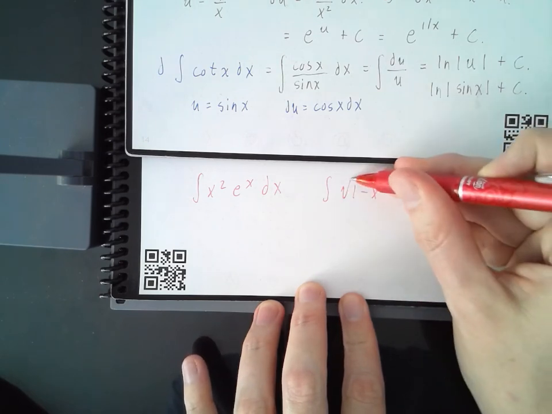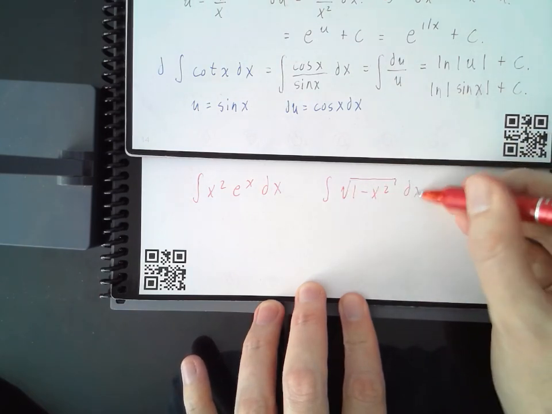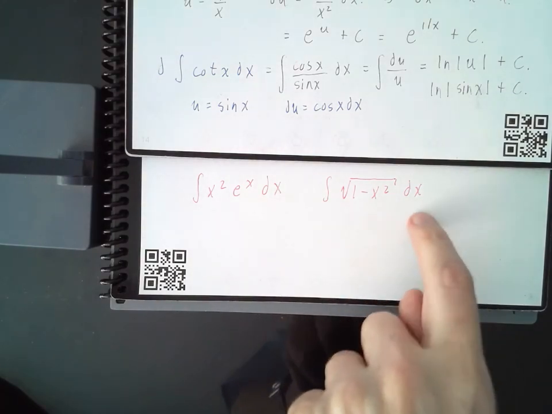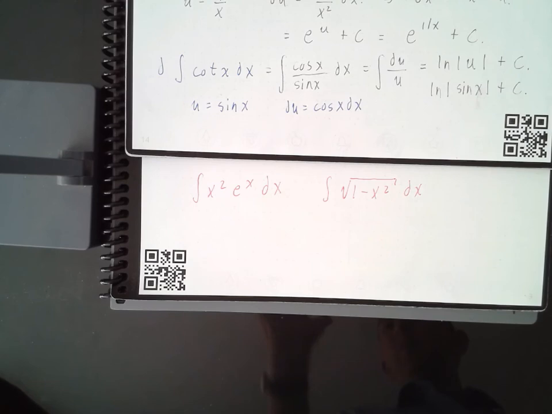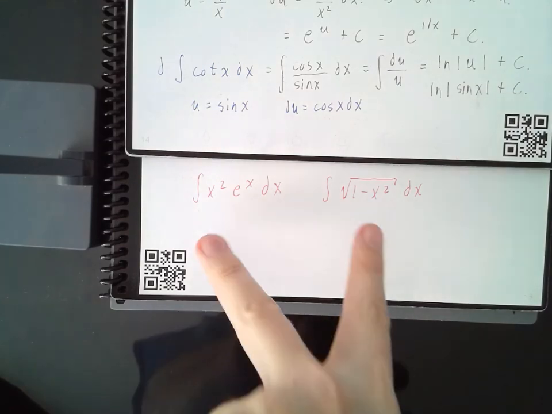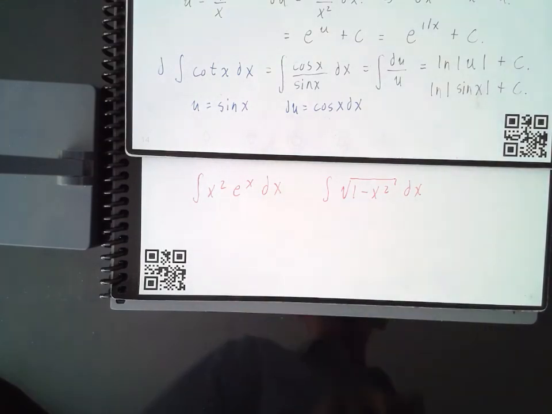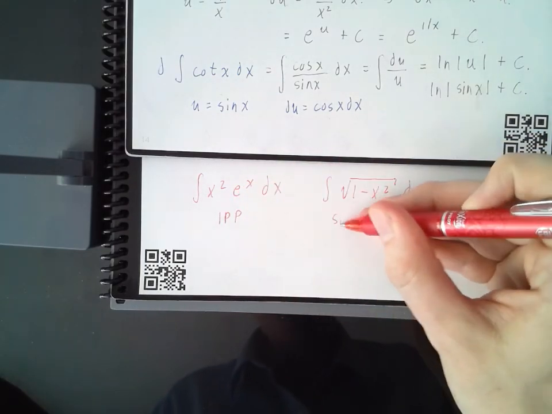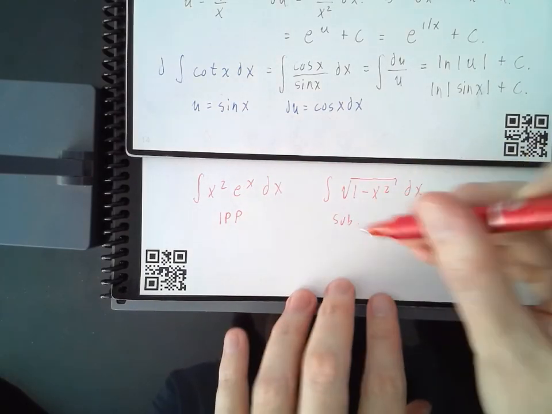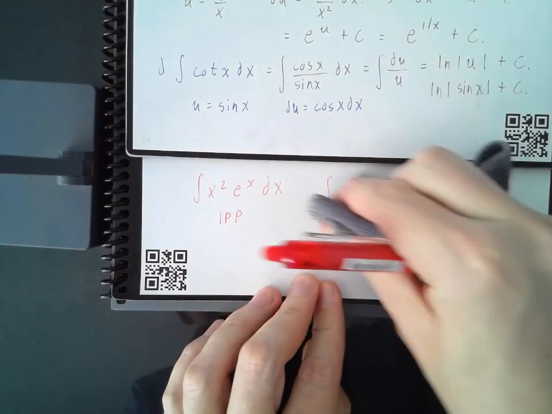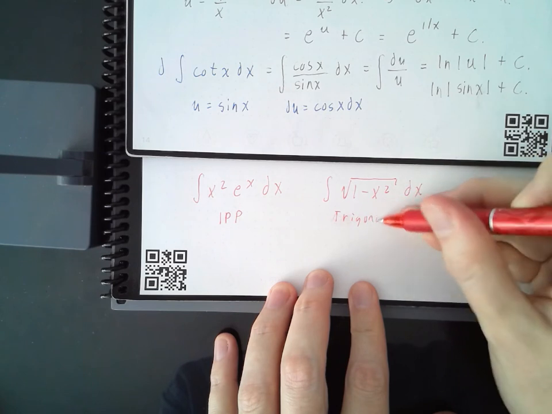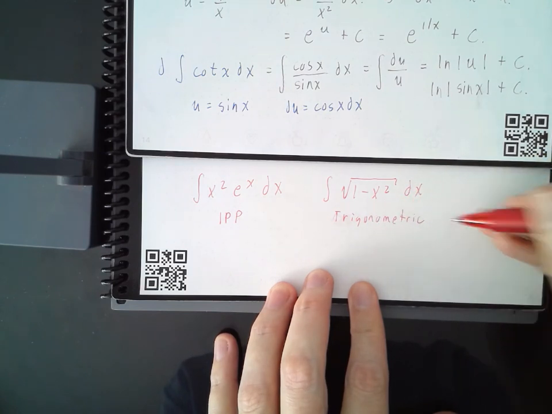With this one, we are also not going to be able to use the substitution rule because the derivative of 1 minus x squared is absent from this integral. But still, we're going to integrate these two functions with new integration techniques. But the funny thing is that both of these are still going to be based on the substitution rule. Thank you very much.